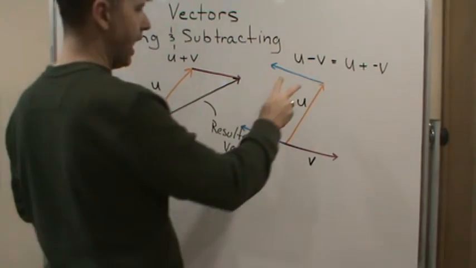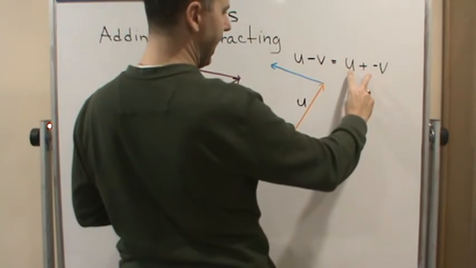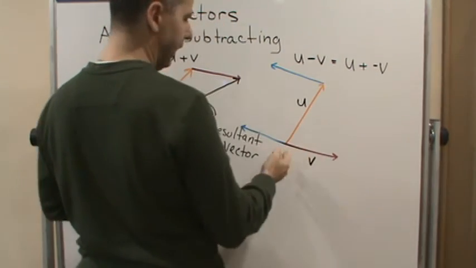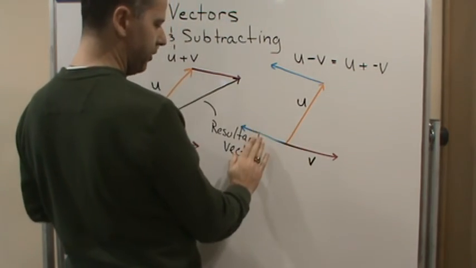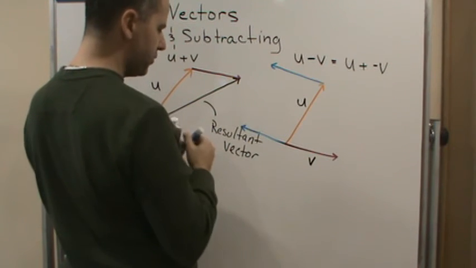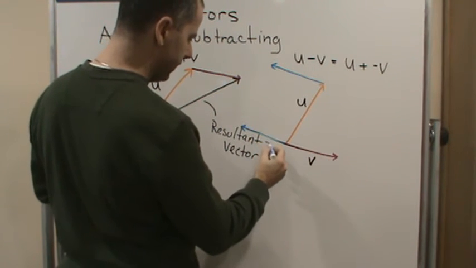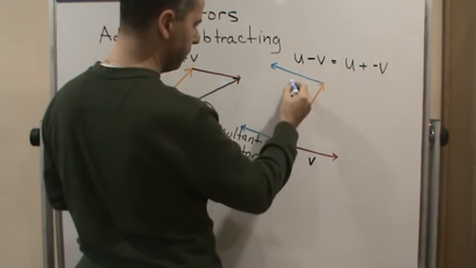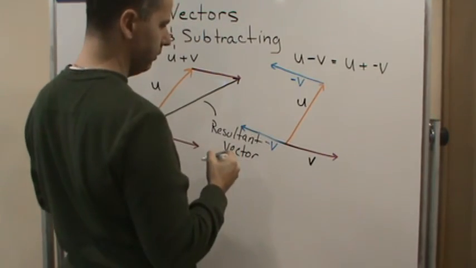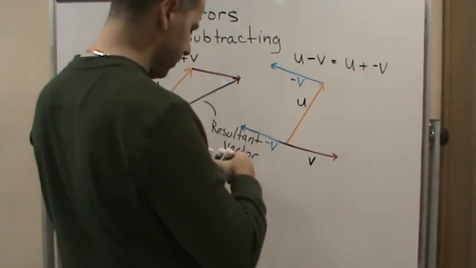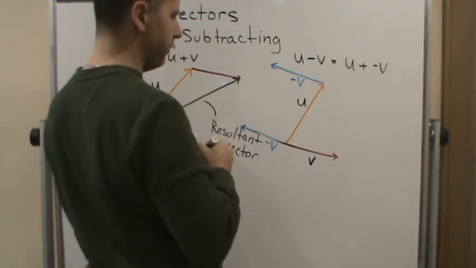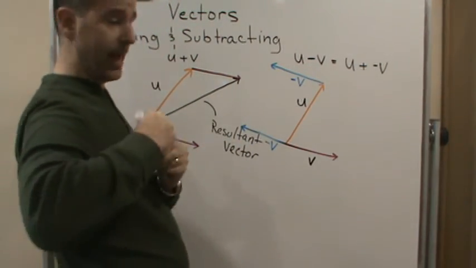So in subtracting vectors, we could look at it as adding the opposite of a vector. And so we would have the vector going the other direction. And so this would be negative v, right? So this would be negative v. And so then the resultant vector, again, would go from the tail of the first vector to the head of the last vector.